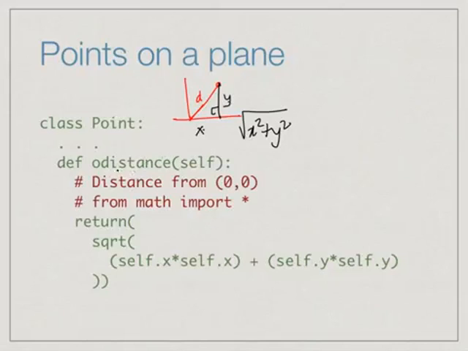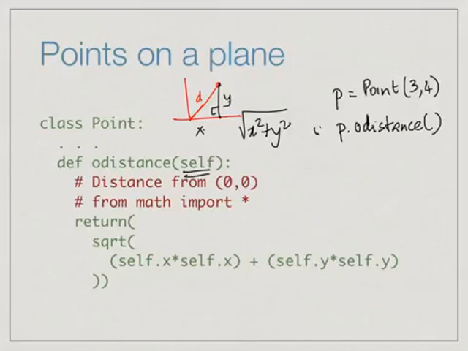So if we want the distance of a point, we don't give it any arguments, but we always have this default argument self. So we want to know what is the distance from 0, 0 to the current point. So we would say something like, in our earlier case, p is equal to point 3 comma 4, and then we would say p dot o distance to get its distance.